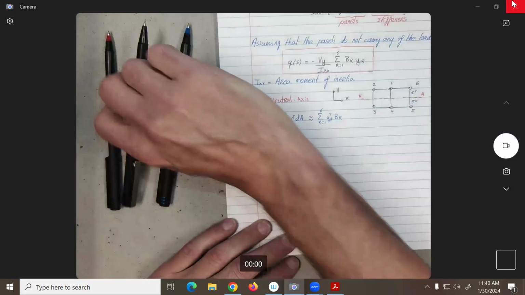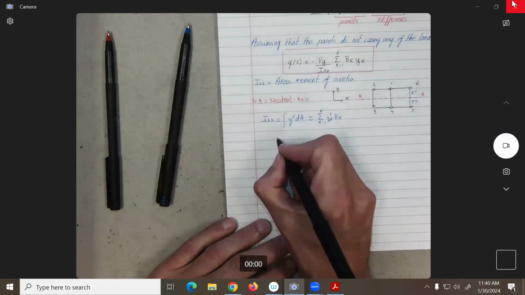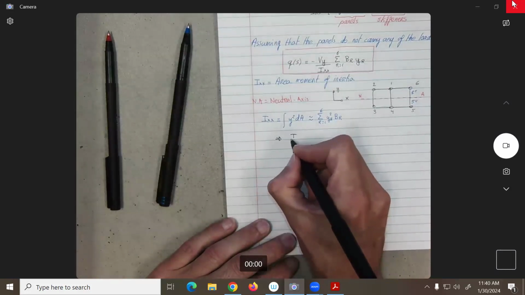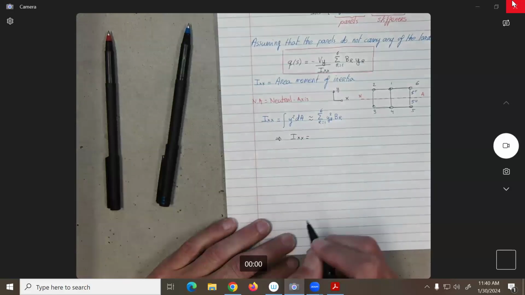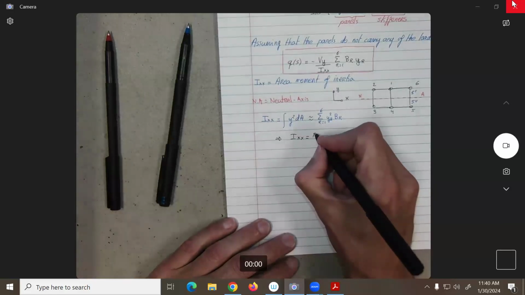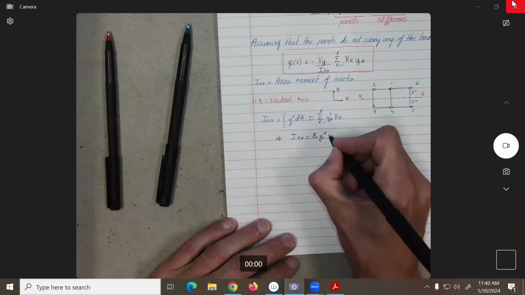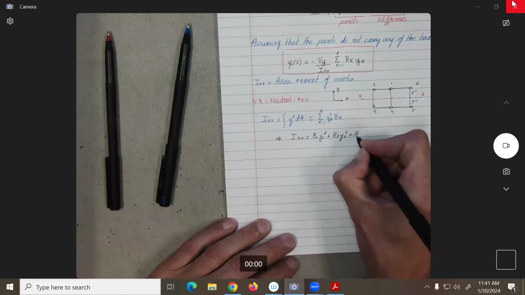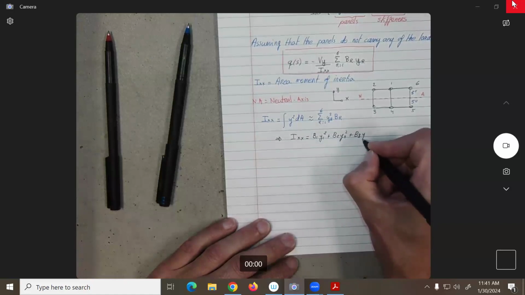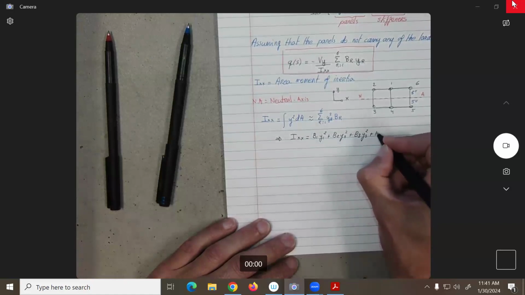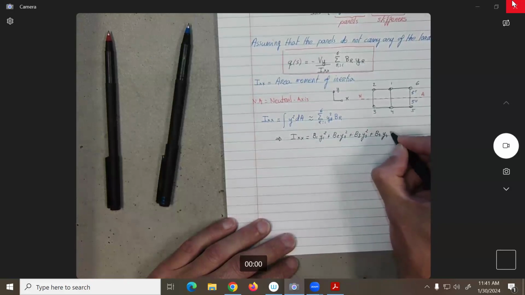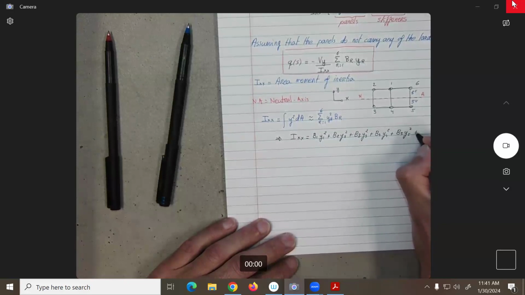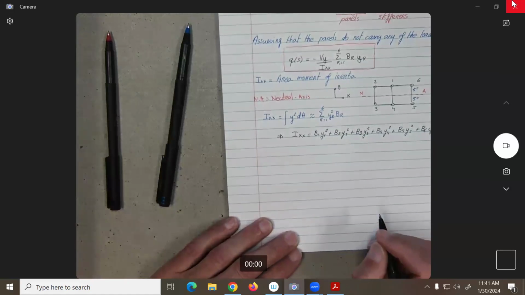So using that equation, we do the Ixx, saying that it's going to be equal to what? It's going to be equal, so for the first time I do the details, b1 y1 squared plus b2 y2 squared plus b3 y3 squared plus b4 y4 squared plus b5 y5 squared plus b6 y6 squared.